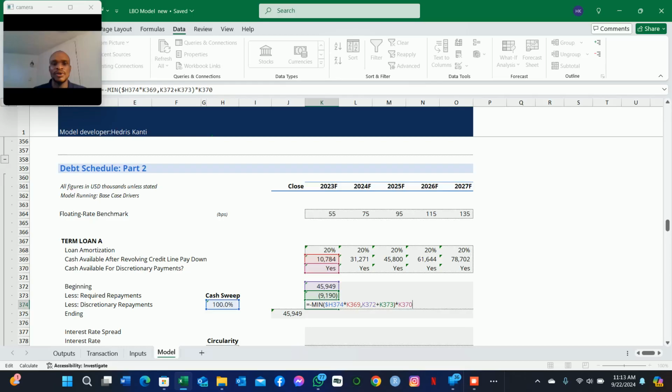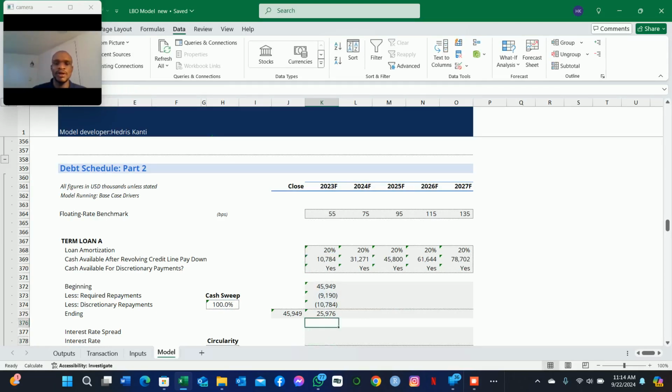So we take the cash sweep amount and multiply it by the cash available to pay down this debt, or the minimum of whatever has already been used for the mandatory repayment, which is our required repayment here. So we take the minimum of those two, and that's how we calculate our discretionary repayment. We can take this all the way and fill it right with Control R.